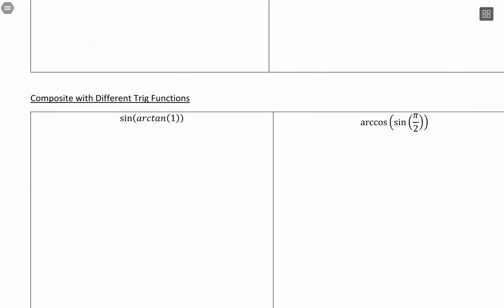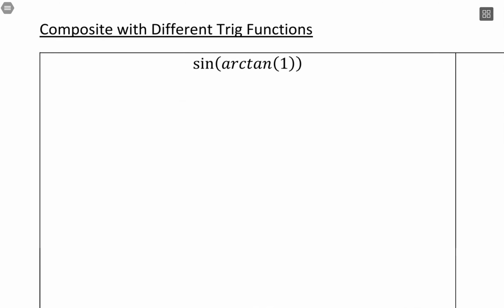Now, what if we made composite functions with different trig functions? What would that look like? So with this one, I'm completely ignoring sine right now, and I'm just focusing on arctangent of 1.